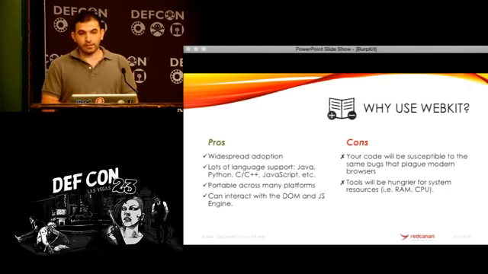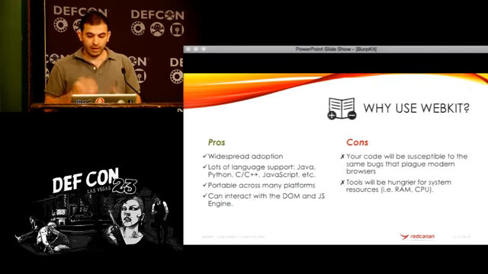So the cons are you're going to be susceptible to the same bugs that affect the WebKit libraries. So if there's a use after free that somebody finds, your tool is probably going to be susceptible to that same thing. It's hungrier for system resources. That's kind of expected because you have a whole bunch of stuff going on to render the page, execute the JavaScript, etc. But those two cons didn't really drive me away from WebKit.